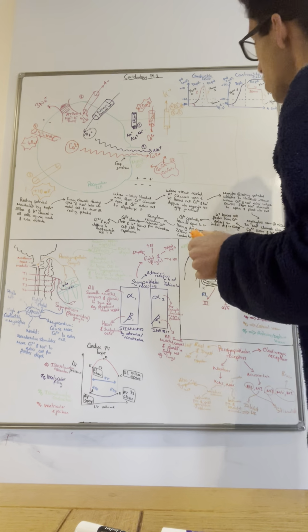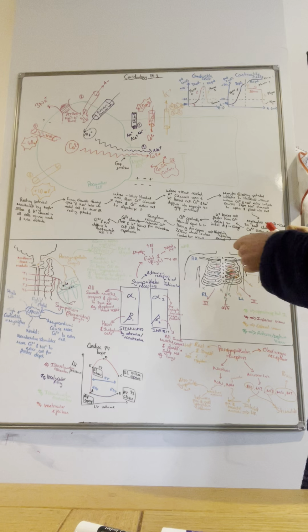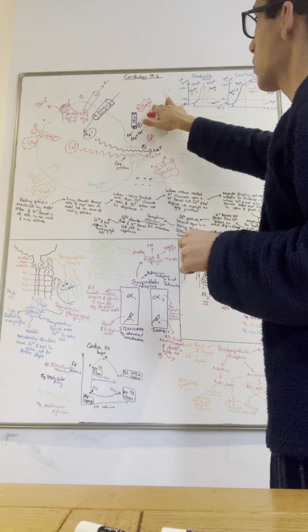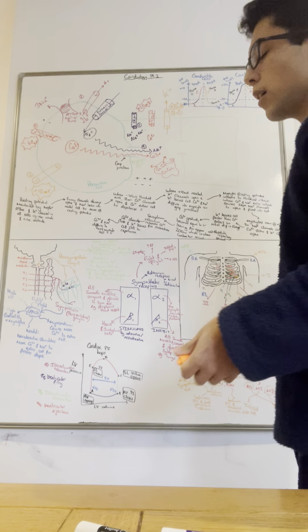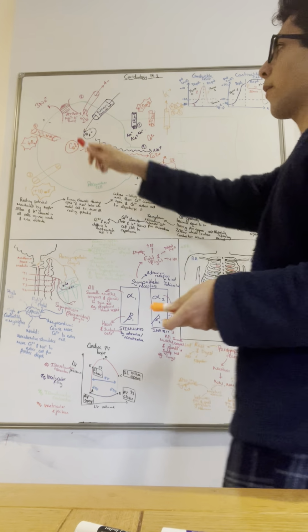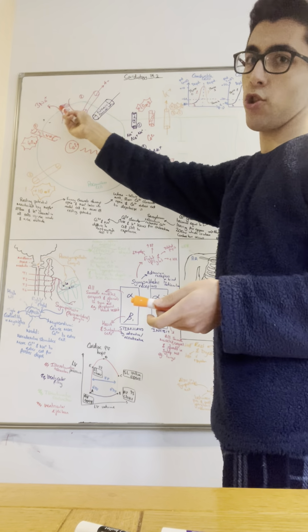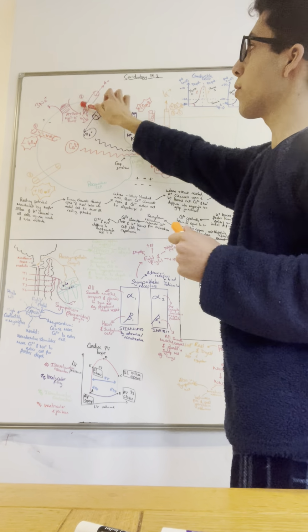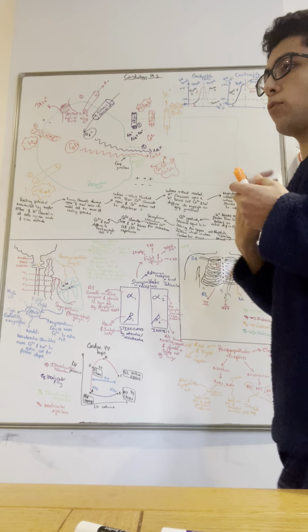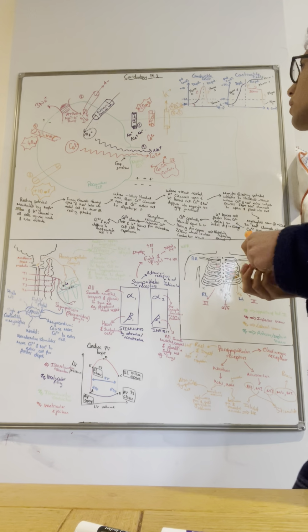Okay, after 200 milliseconds, our calcium channels are now going to close. They've stopped. So the only channels acting at this point are our resting potential channels. Just associate them with resting potential. They keep our cell normal and resting.